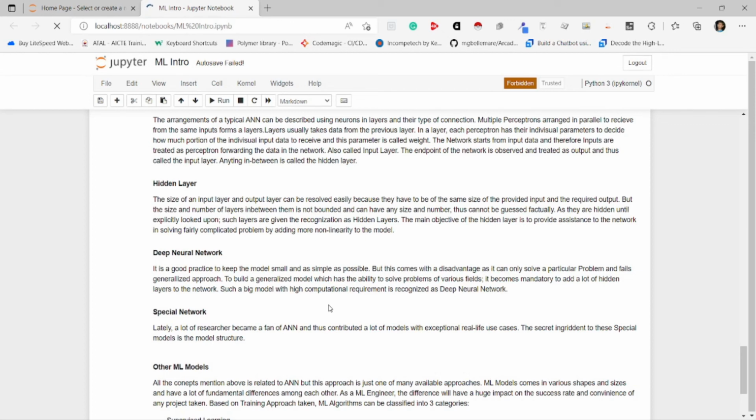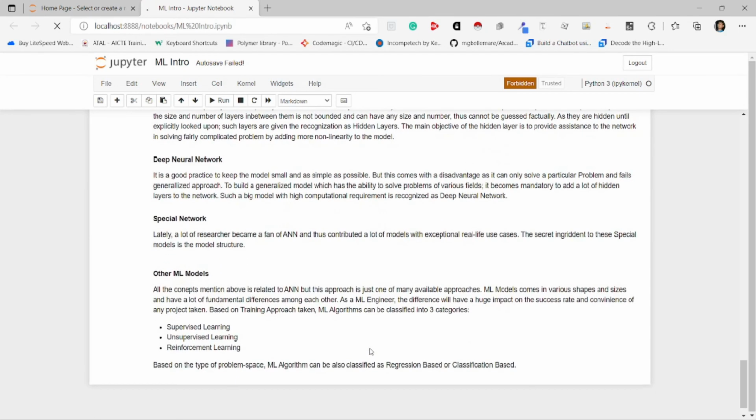Lately, a lot of researchers became fans of artificial neural networks and thus contributed a lot of models with exponential real-life use cases. The secret ingredient to this special model is the model structure. All the concepts mentioned above are related to artificial neural networks, but this approach is just one of many available approaches.